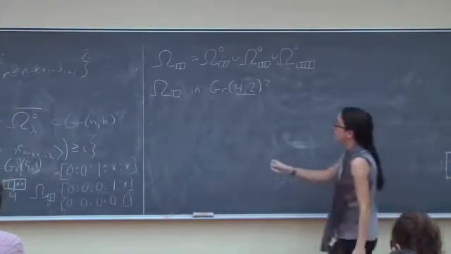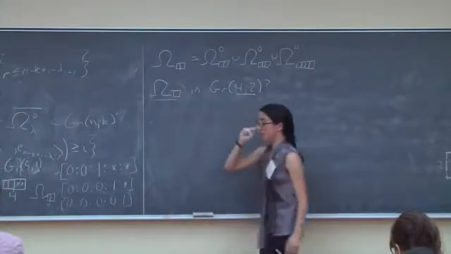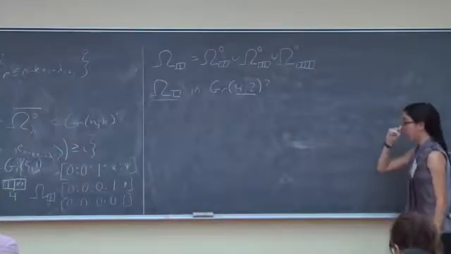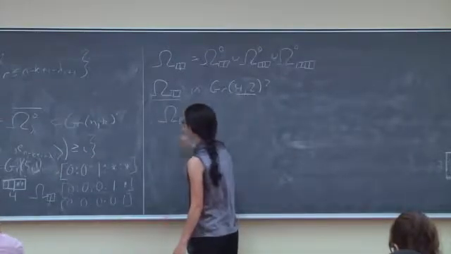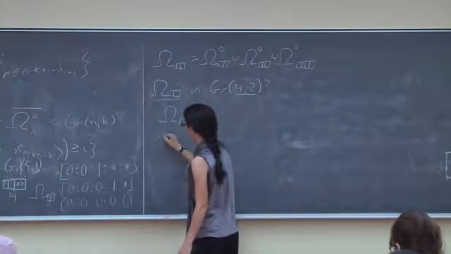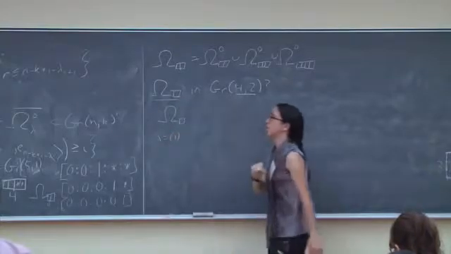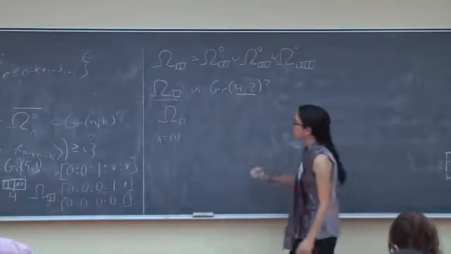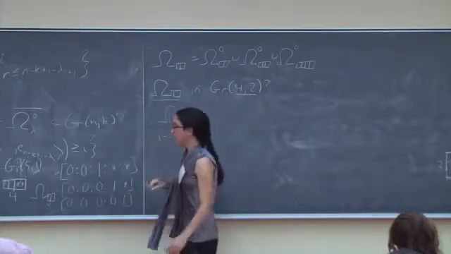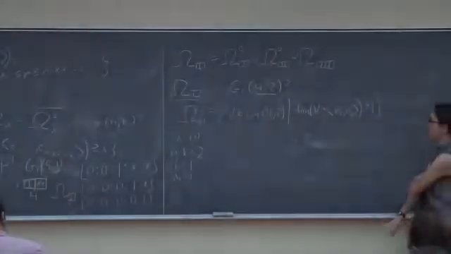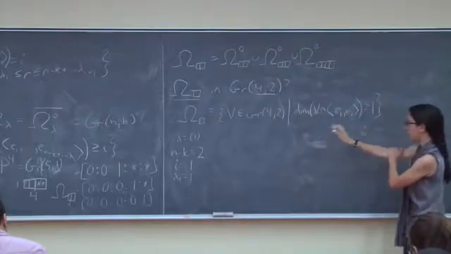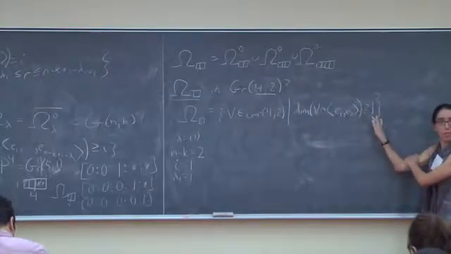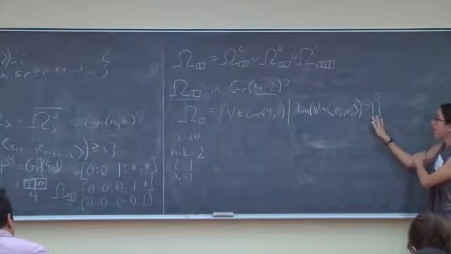And I claim that this Schubert variety is what we need to solve our problems. So let's just write it out. This is the partition lambda equals just 1, so it has one part. And using this definition, we can write this as: this Schubert variety is telling us all the 2-dimensional subspaces that intersect a fixed 2-dimensional subspace in dimension at least 1.